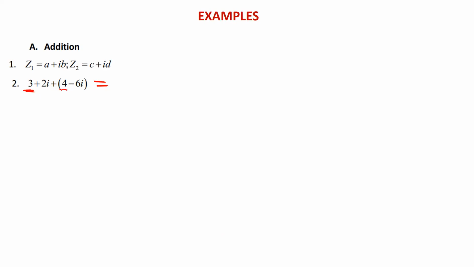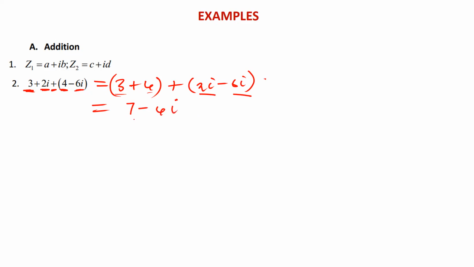So we have 3 plus 4, then we write a plus in between, and open another set of brackets for 2i and -6i. 3 plus 4 is simply 7. Then 2i and -6i, when you add them, you get -4i. So this is the solution.